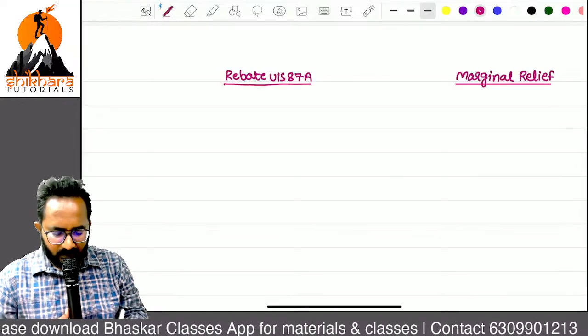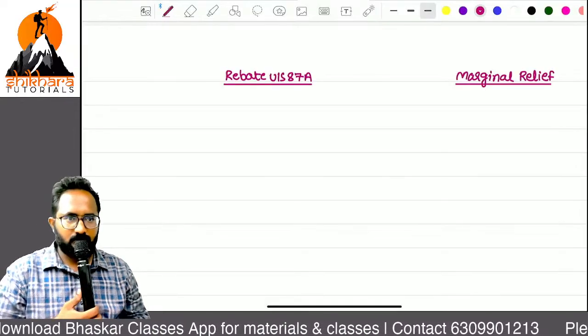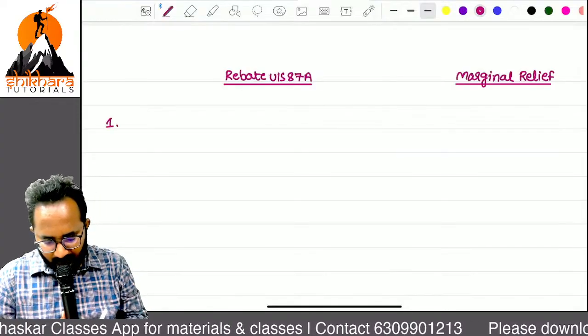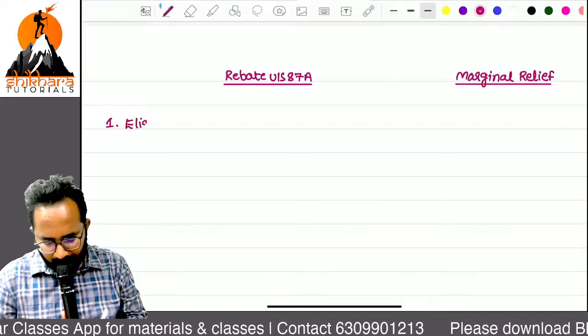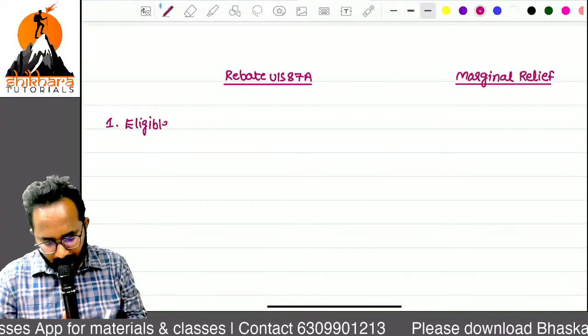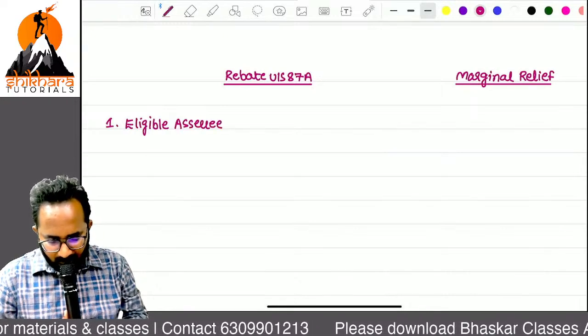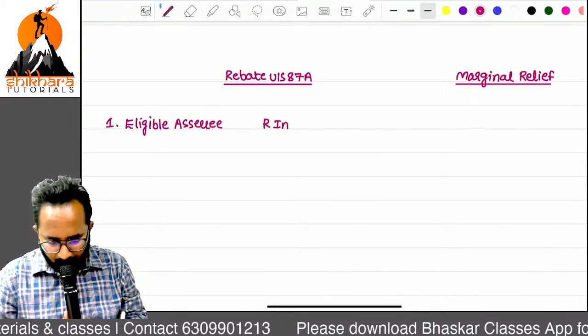So already we have written some differentiations. Now, just a recap. Can you tell me who is an eligible assessee for rebate? An eligible assessee for rebate is a resident individual only.